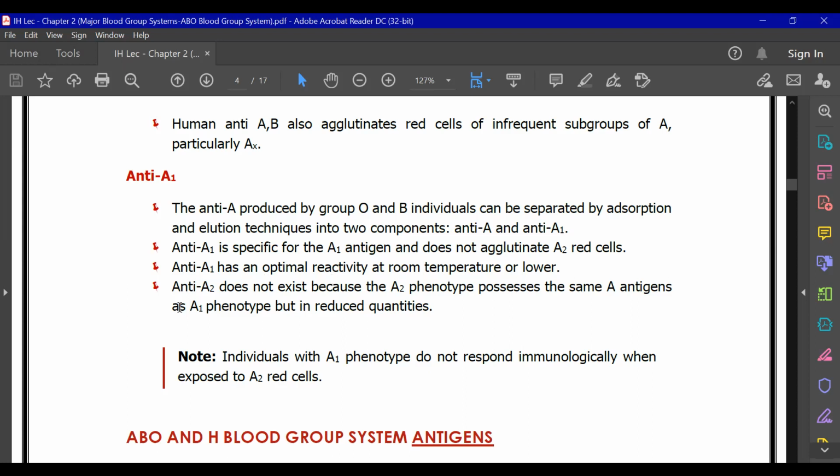But basically, class, we don't have anti-A2, because the A2 red cells possess the same antigens as the A1 phenotype, only that the number of A antigens is reduced in your A2 compared to that of your A1.